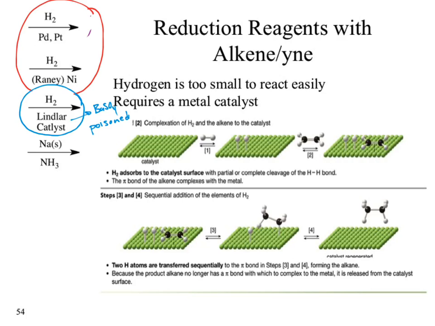So if platinum is a normal, healthy human that can do tons of hydrogenation, if I poison that human, would they be as active? No. Why might that become important?